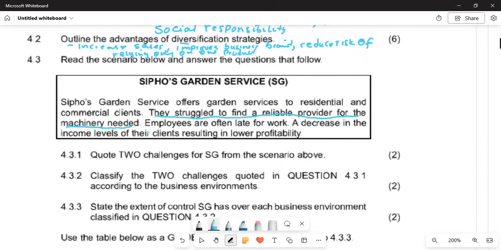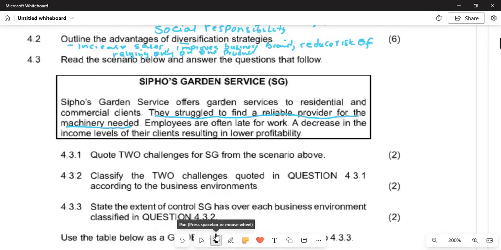They fall under the market environment. So the control is limited or partial, because you can influence them, but you cannot control them. You cannot fully control them, the only thing that we can do is to influence them. That is why we're saying it's a limited control.